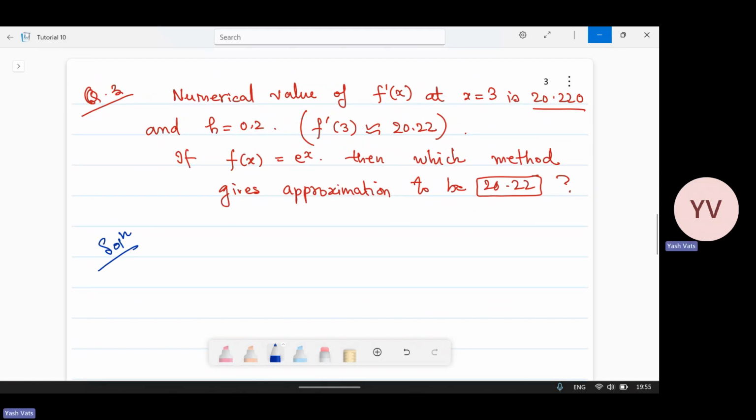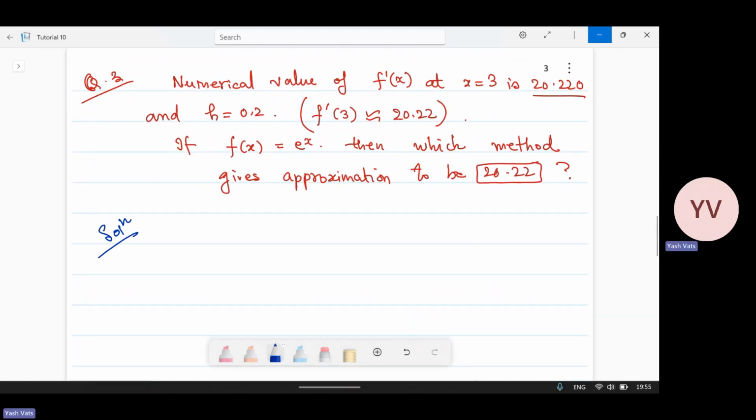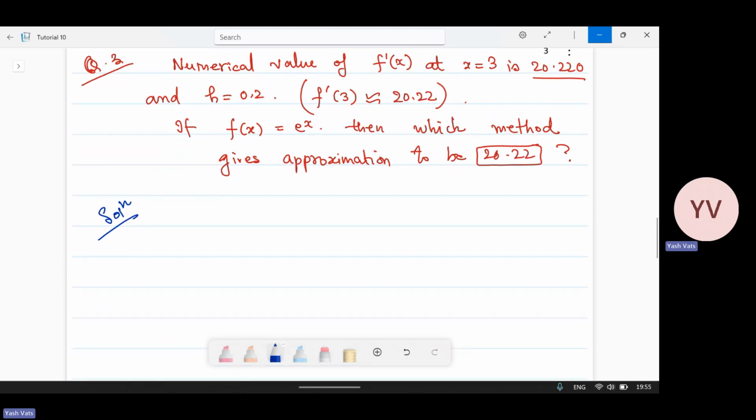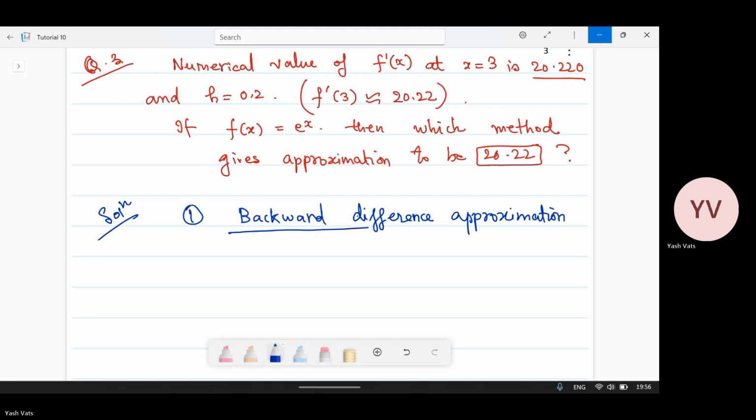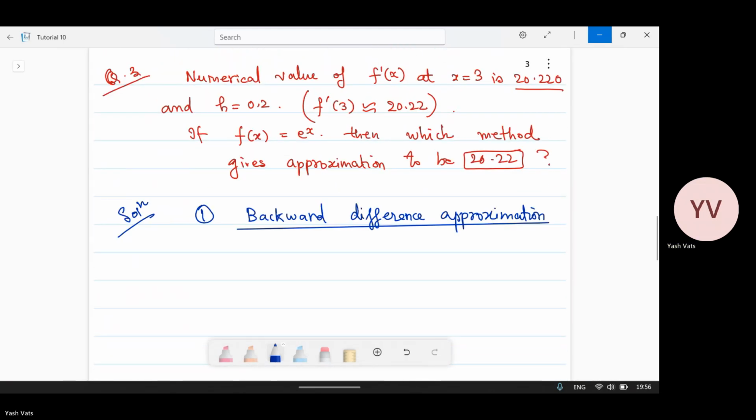So to understand this thing, we try to check every method. First we use the backward difference approximation. F dash x is approximated by, in that case, f x minus f of x minus h upon h.